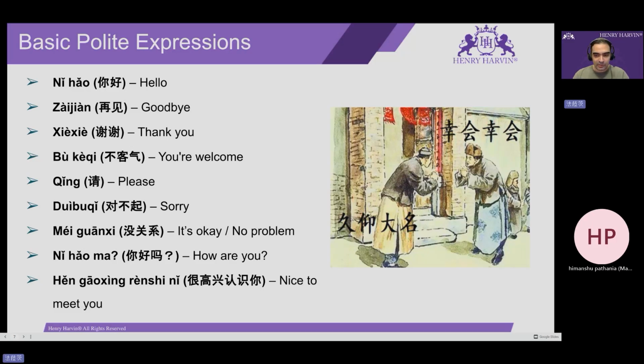But this is used in classical Chinese literature, and nowadays you won't be seeing this kind of expression in common greetings, especially in modern society. So that's why expressions like 很高兴认识你 or 很高兴见到你 have replaced the older expressions in these modern times. So let's proceed to the next slide.